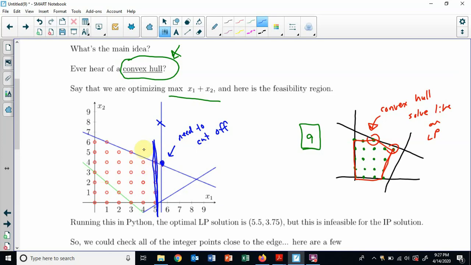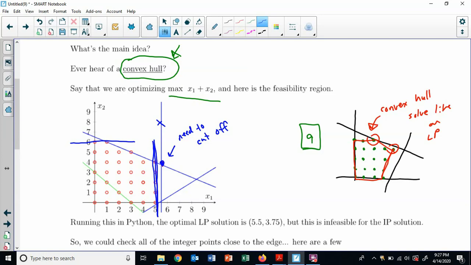If you don't pick up the optimal, say I got this point right here, well, then I need to cut off this point. So I'd come up with the equation. The best equation here would be one that cuts it off and goes through these 2 points. And now look at what I'm getting. I'm getting what looks like the convex hull. Now understand, this is extremely difficult in more dimensions, especially really high dimensions.